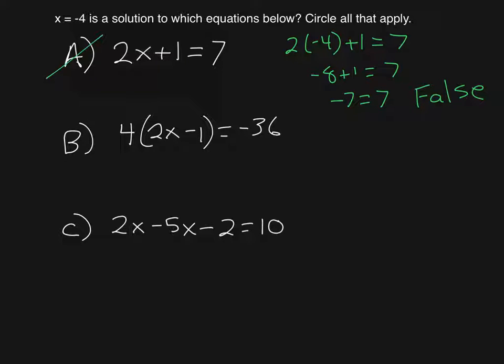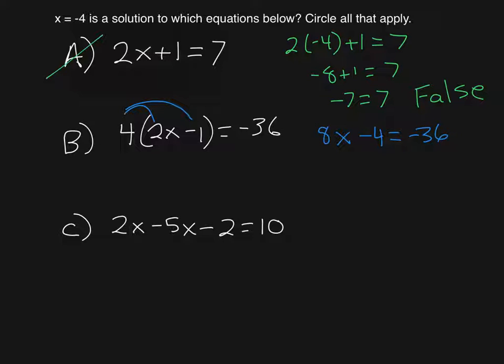Letter B, we have 4 times 2x minus 1. If I use my distributive property, 4 times 2x and 4 times negative 1 gives me 8x minus 4 equals negative 36.